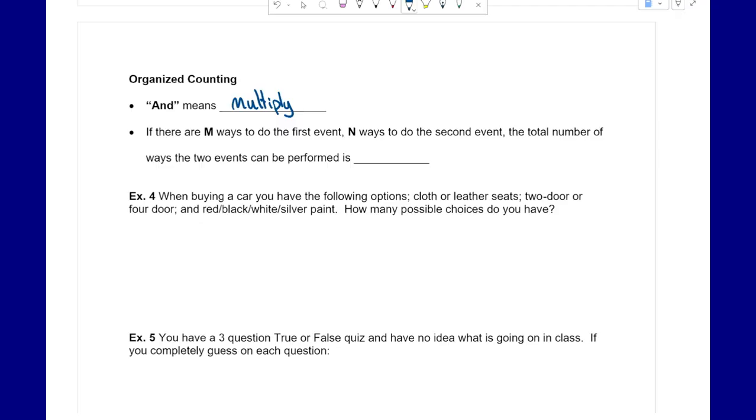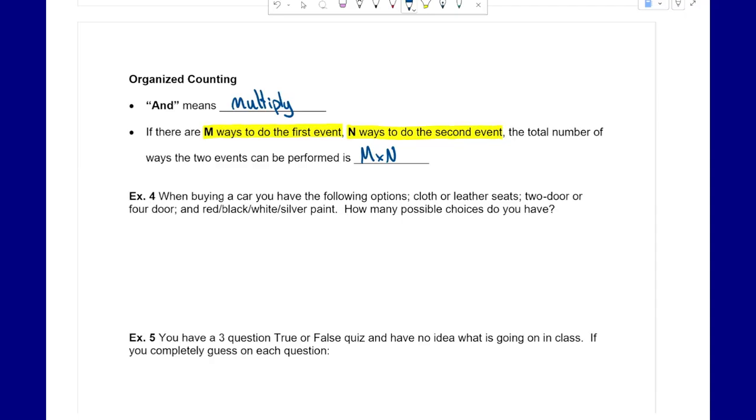The word and is implied, and it's going to multiply. So if there are m ways, m just represents an unknown number, if there are m ways to do the first event and n ways to do the second event, then the total number of ways the two events can be performed is going to be m times n. So we're just going to multiply those two numbers together, and that will tell us the total number of ways that those two events can happen.